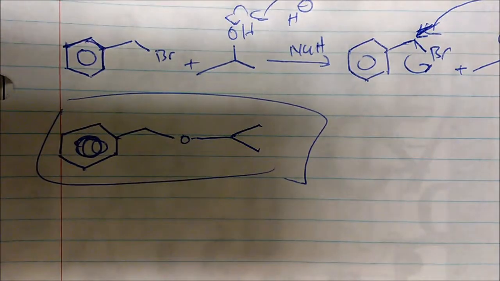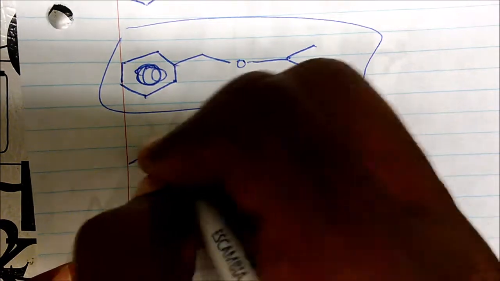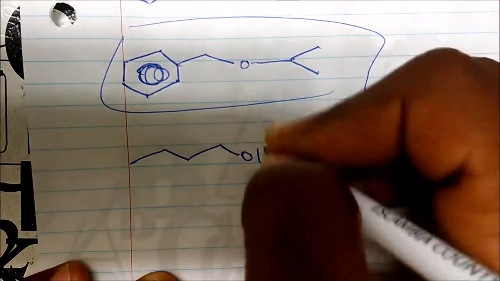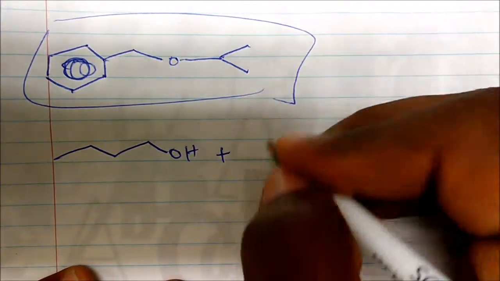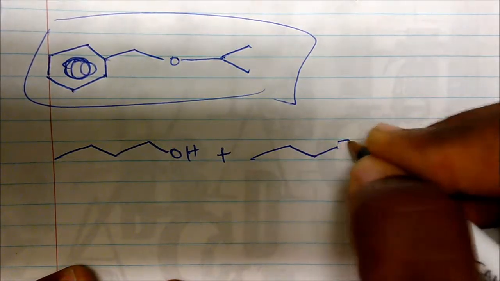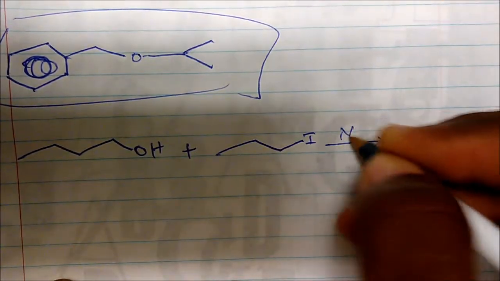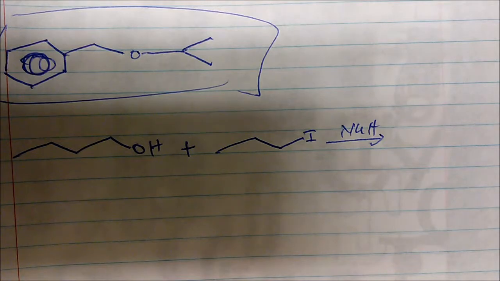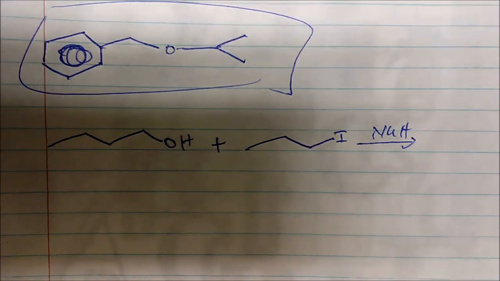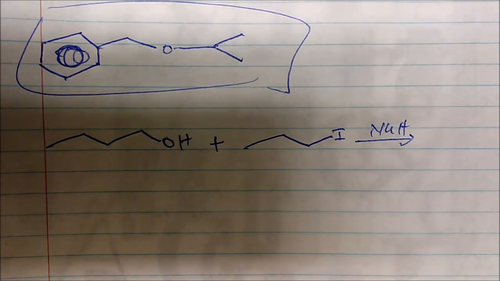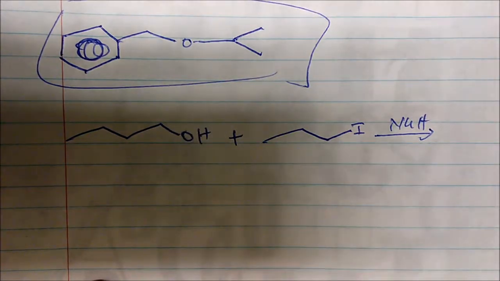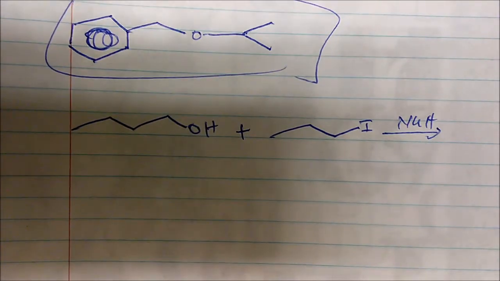So again, nothing hard. So let's look at some more examples. So you have this OH here plus this iodide here, and we add sodium hydride, our powerful non-nucleophilic base. So again, my oxygen gets deprotonated, and this is what I make.